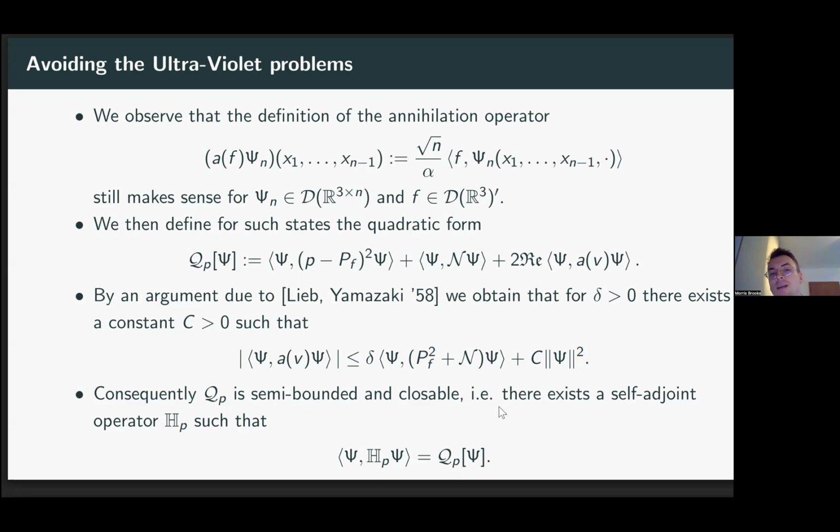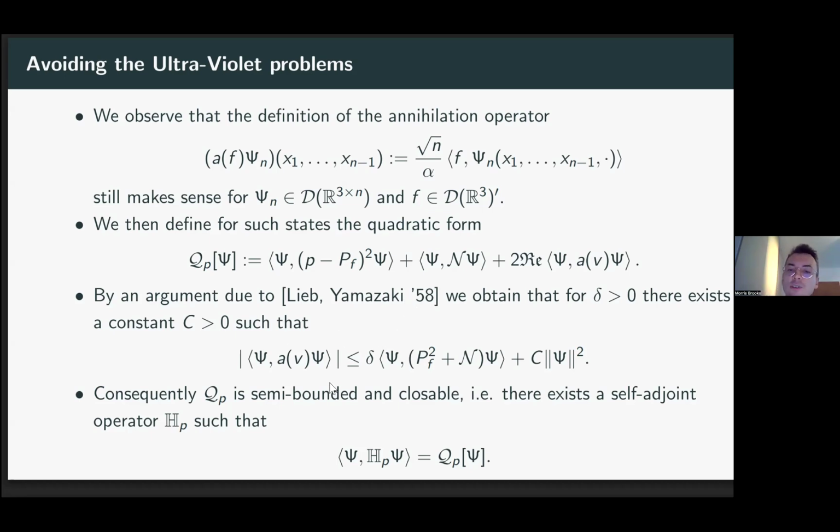Now you see, in some sense you could say, okay, I only want to talk about ground state energies in the end, so maybe it's not so important that there is a self-adjoint operator and we could just study the quadratic form. But the point is, this argument will repeatedly appear in my analysis of the system. And in particular, these kinds of arguments tell you where your ground state concentrates.